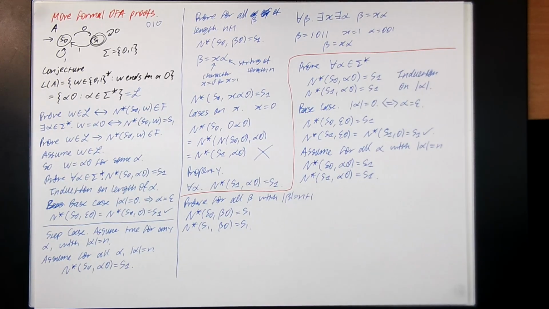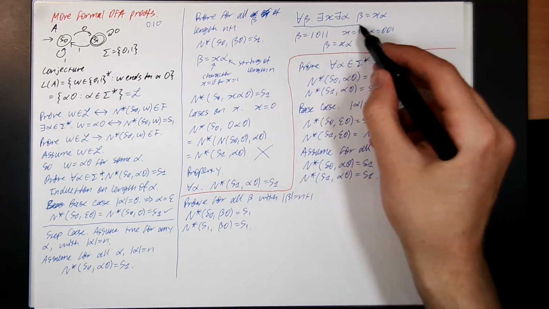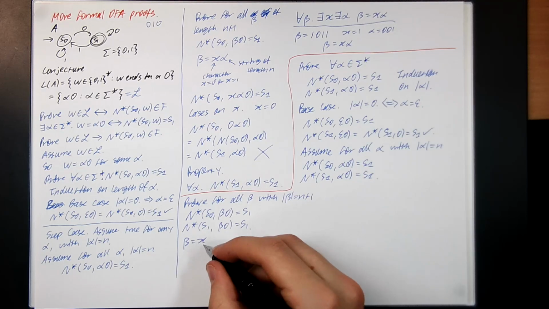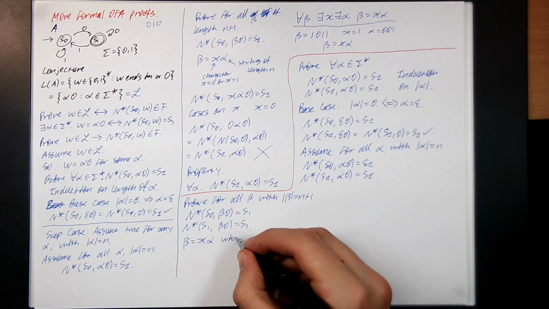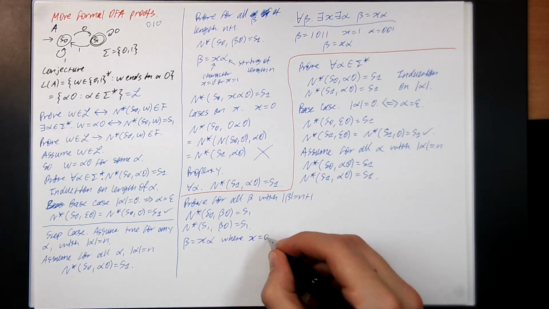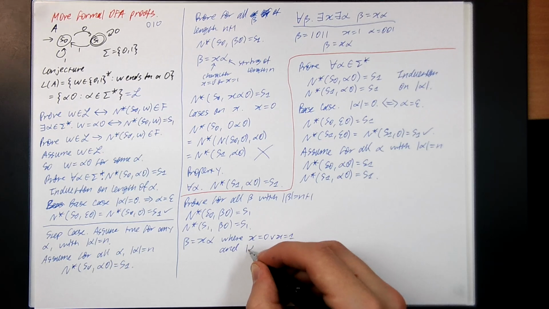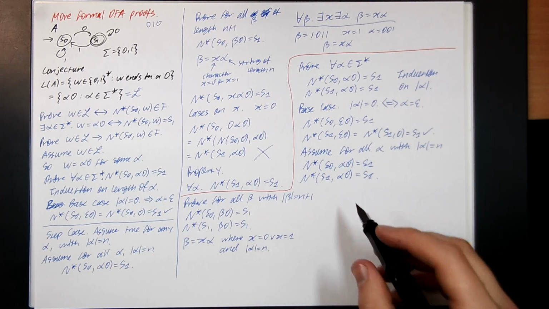Okay? So just like before, we can use this property here, right? So beta is equal to some character x and some string alpha, where x is equal to 0 or x is equal to 1, and alpha is of length n. Hopefully this time we can use our inductive hypothesis.